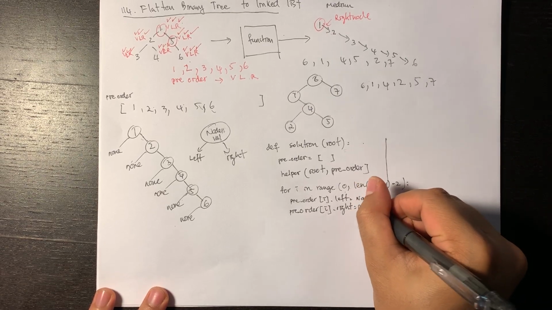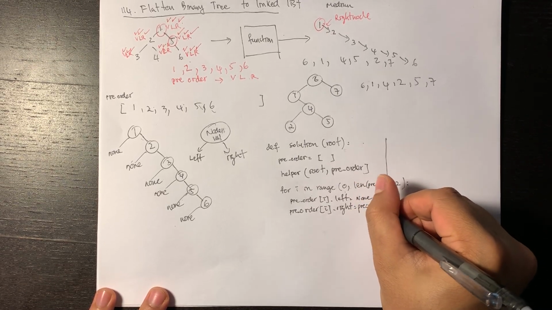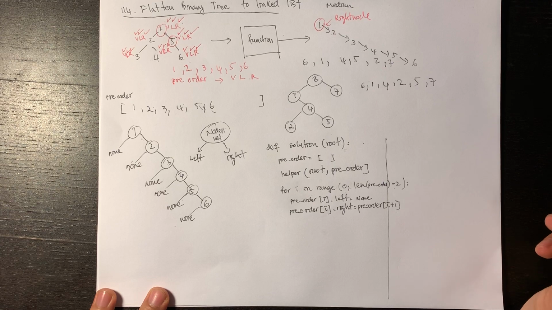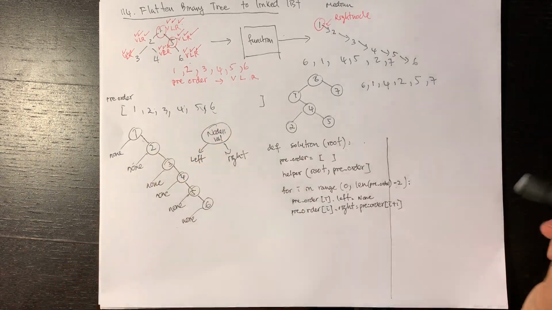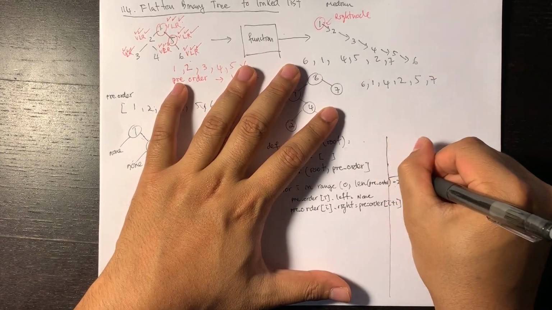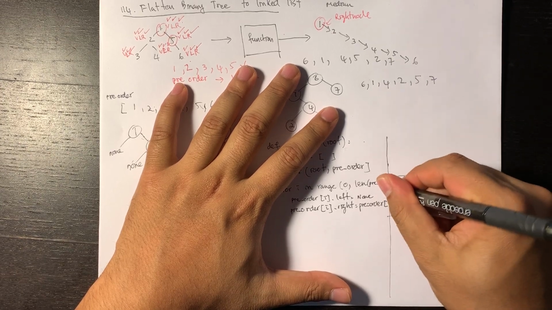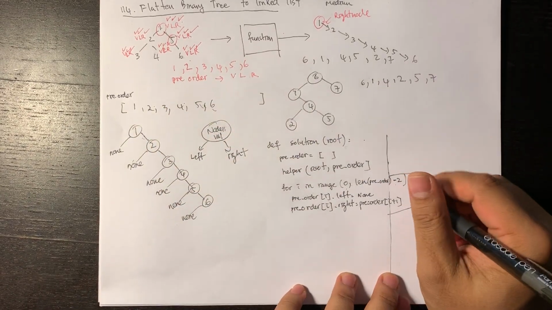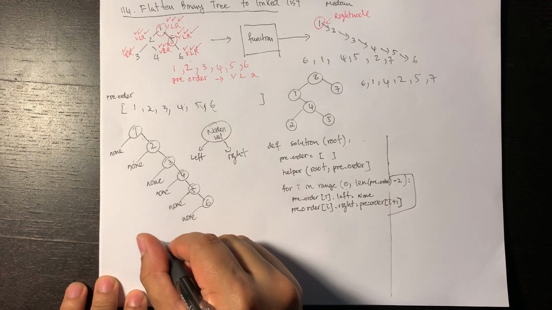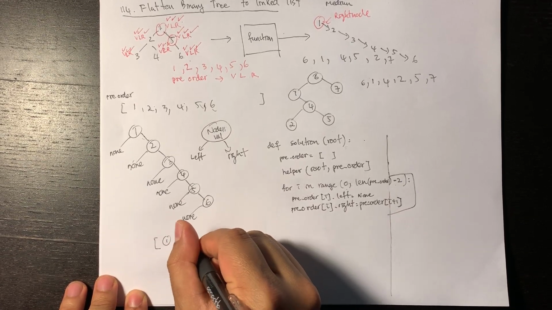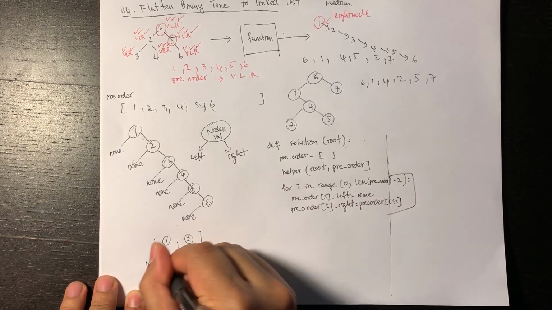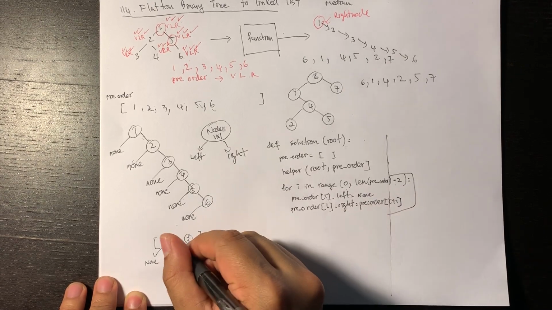So this would be pre-order[i+1]. So in the case that we have just 1 and 2, what I'm doing right here is setting this to none and setting the right to 2.